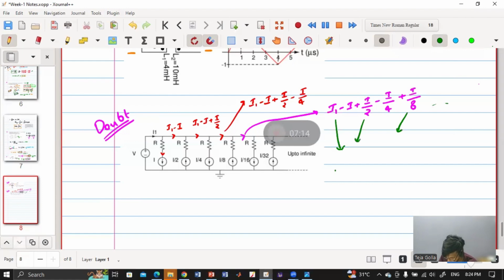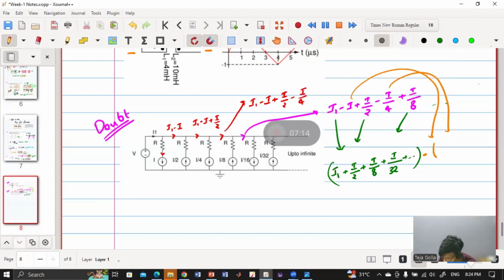So it will be I1 plus I by 2 plus I by 8, then plus I by 32, and so on, right? Agree? Then I'll take the negative terms, and minus I'll take common. It will be I plus I by 4 plus I by 16 and so on, right? And this is an infinite series.